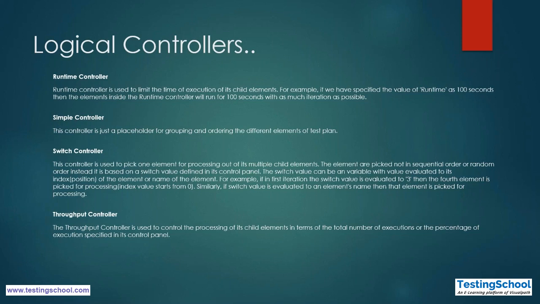You should mention it in the throughput controller, and all those segments should be placed inside the throughput controller. So it will give you the power to control the overall distribution of your users, meaning how much percentage of users should be executing a specific segment.